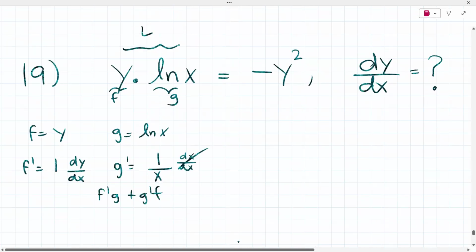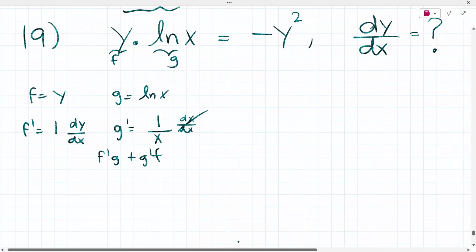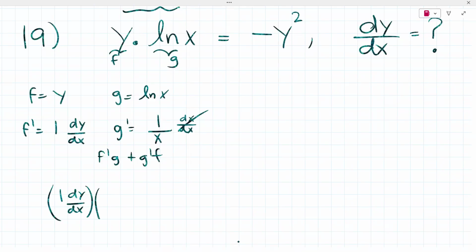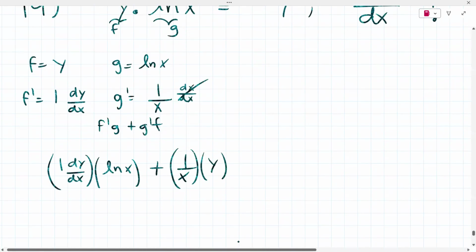So, okay, f prime is 1 dy dx. My g is ln of x, plus g prime, which is 1 over x, and then f is y. There.